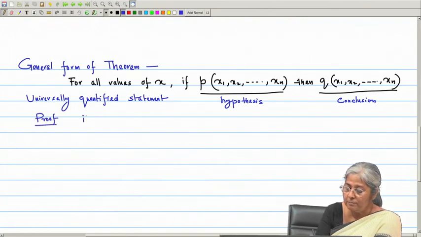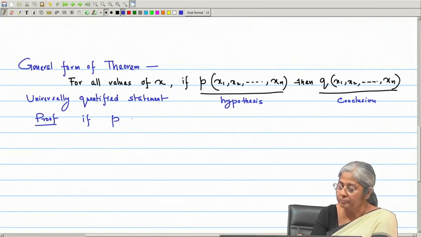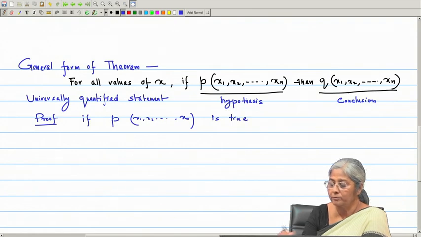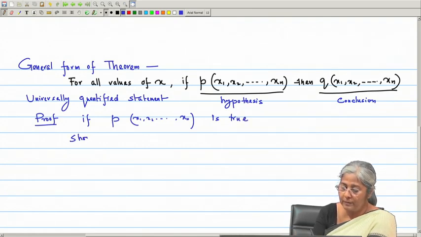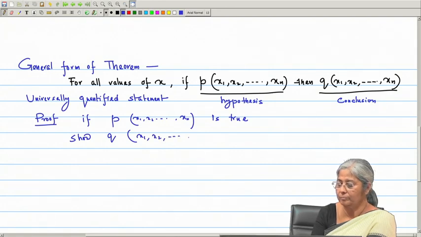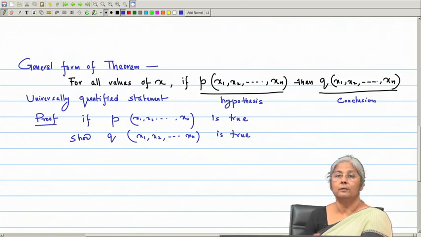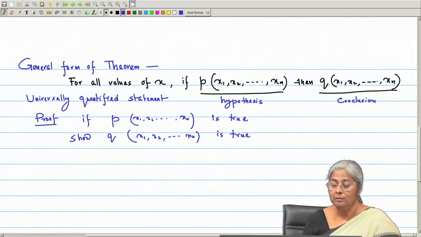That for all x1, x2, ..., xn in the domain of discourse D, if P is true, we have to show that Q is true. So, we represent the theorem like a proposition.